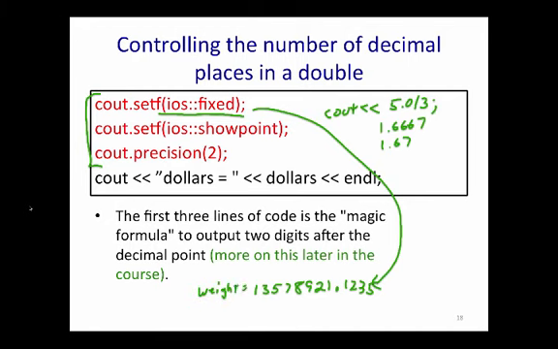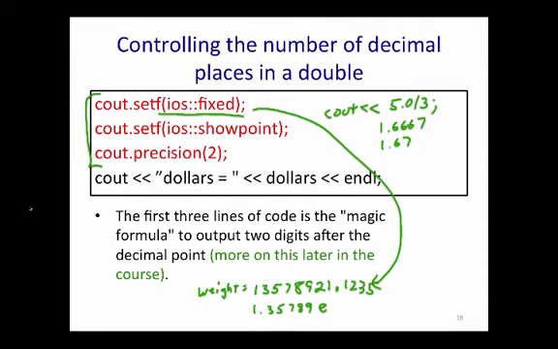And therefore, when it prints out, what you're going to see is what's called scientific notation. You might say 1.35789 e+07, and this is really 13,578,921.